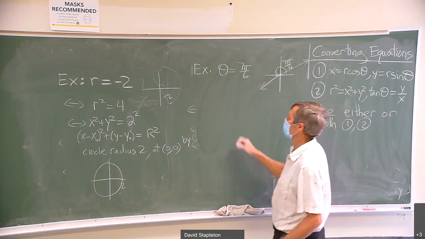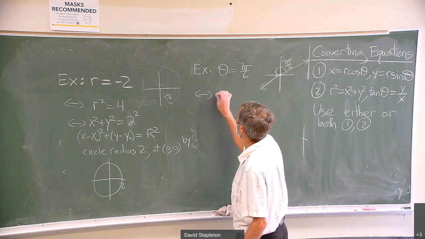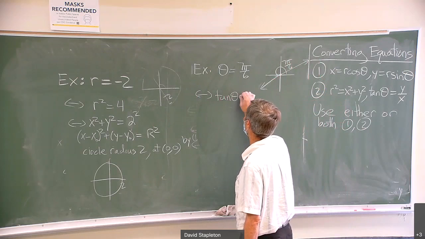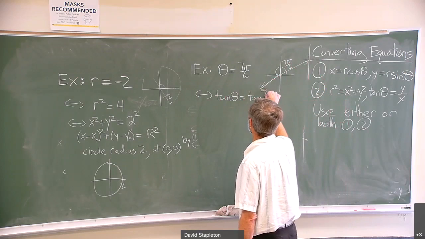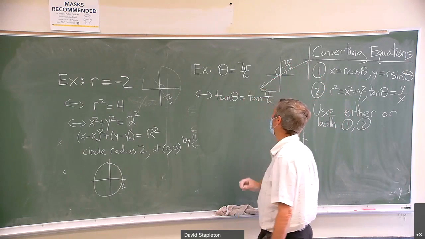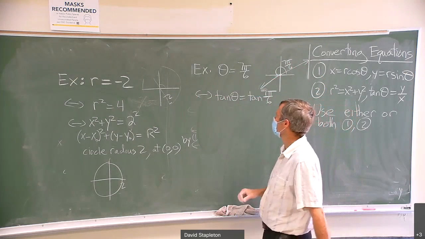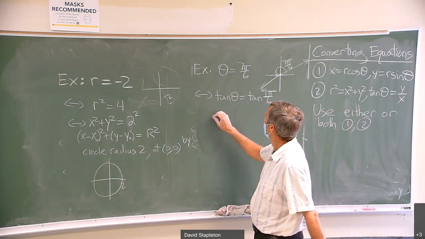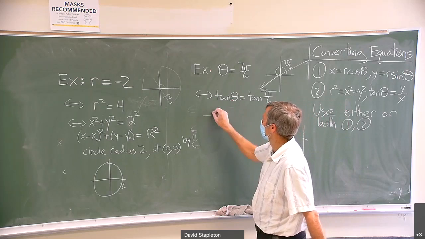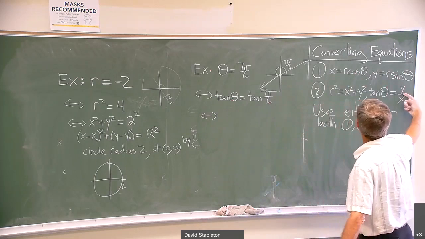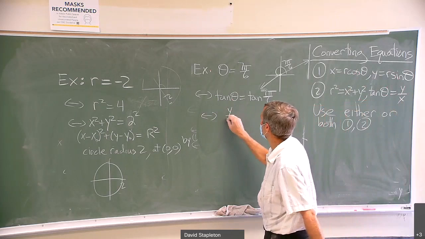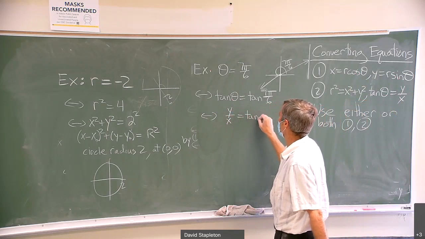If you do the equations, how do you convert this? You can take the tangent of both sides and say tangent theta equals tangent 7 pi over 6. And tangent theta, however, is in the equations. It's y over x. So now we have y over x equals tangent 7 pi over 6.